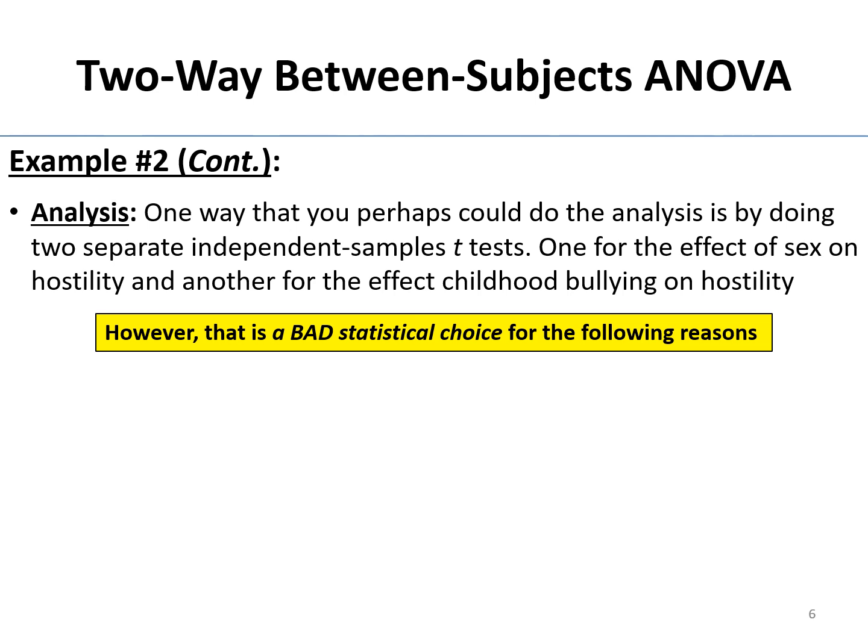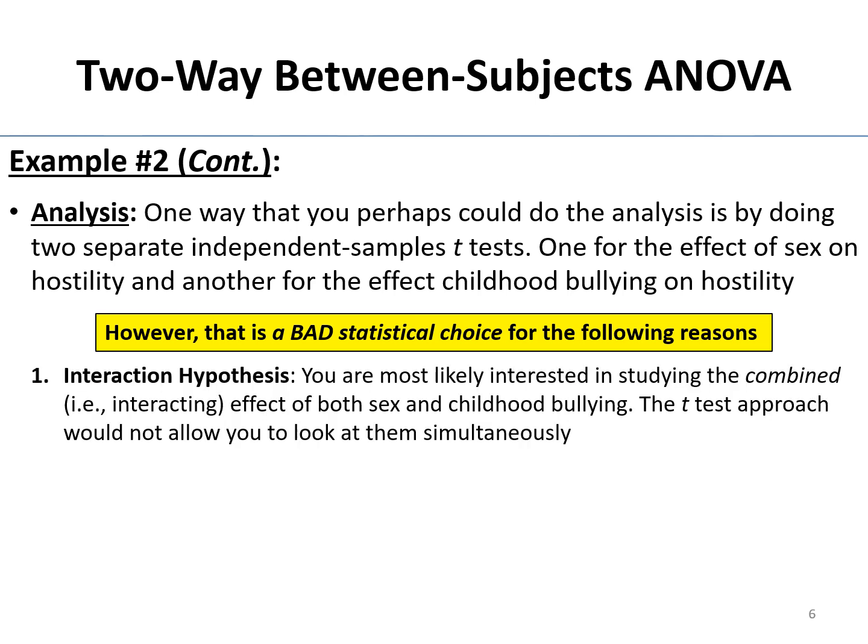Theoretically you could do that, but that is a bad statistical choice for various reasons. Hopefully you remember statistical validity from last semester. It messes up your statistical validity. Here are 2 reasons why you don't want to do separate tests. First, and probably most important, is what I would call the interaction hypothesis. You want to look at the combined effect of both independent variables. You want to know, okay, this has this effect, the other variable has its own little effect, but together they do something totally different.